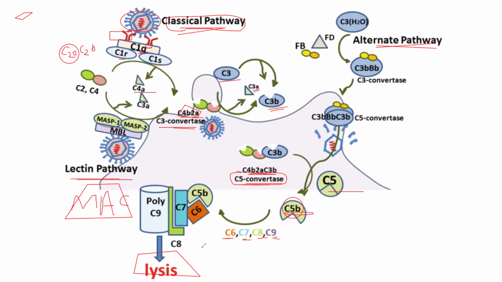Of course, the target cell can be a virus or bacteria, and this results in the death of that pathogen. Another pathway is the lectin pathway. In the lectin pathway, the pathogen is recognized by mannose-binding, membrane-associated lectins, and they activate MASP1 and MASP2.